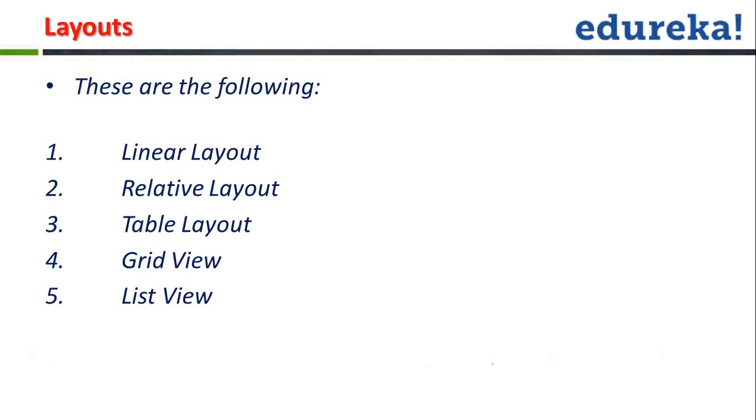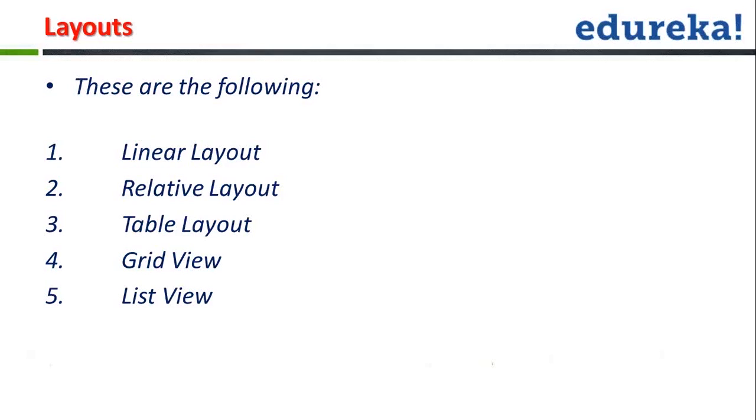If I am creating a linear UI, linear in terms of horizontal or vertical, for example the login window I gave: on top there will be an edit text, below that another edit text, and then the button. This is a very simple UI following a simple structure of vertical direction. The same can be achieved in the horizontal direction.